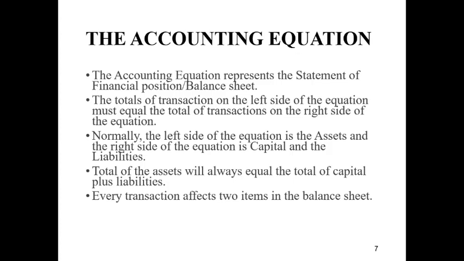You can have a situation where you want to determine capital or determine liabilities, and the equation will slightly change. But normally this is the situation. The total of the assets will always equal the total of capital plus liabilities. Just to reiterate what I said earlier, every transaction affects two items in the balance sheet.